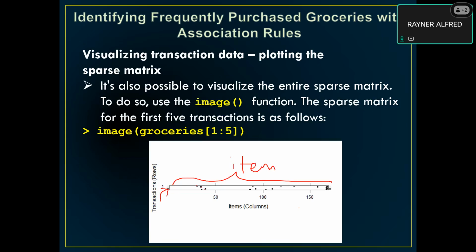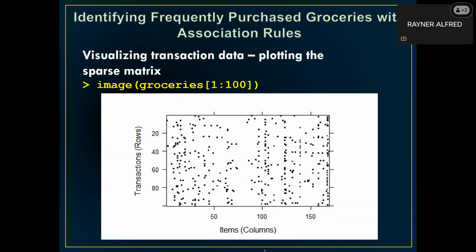If we look at it bigger, this is your transaction. If you look here, all of these transactions have this item. We can zoom in to see what items we have here. If you look here, this is empty, so that means they are not popular.